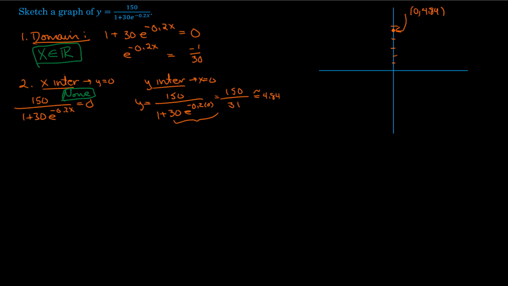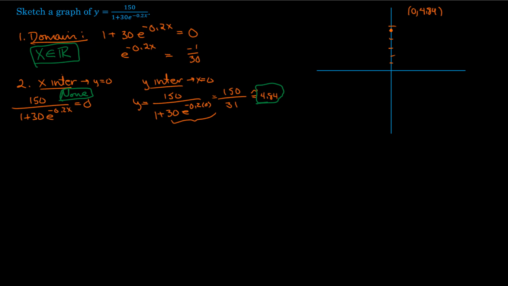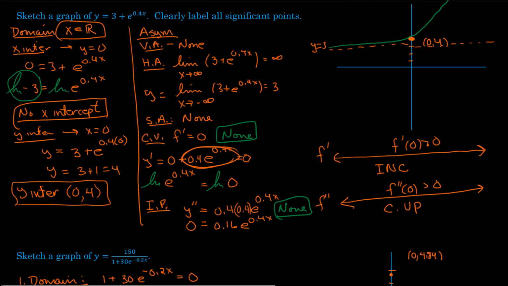Important to label these because I doubt that you would look at that and just say, oh yeah, it's clear that the y value here is 4.84. So you need to label that. Okay, so we'll put a box around that. That's done. So we have our domain, we have our x and our y intercepts.